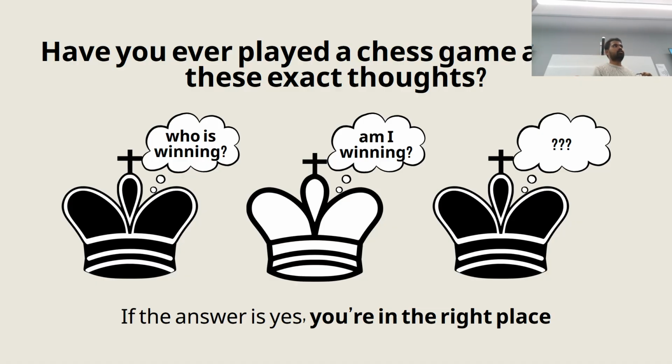That's what today's session is all about: looking at a chess position, going through a criteria of 5 things, and trying to figure out if you're winning, if I'm winning, or if it's a draw. You're in the right place if you've been in one of these situations.